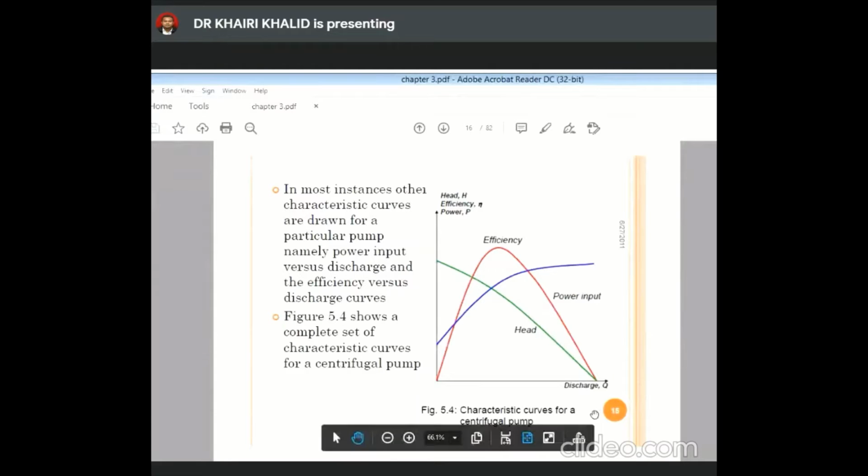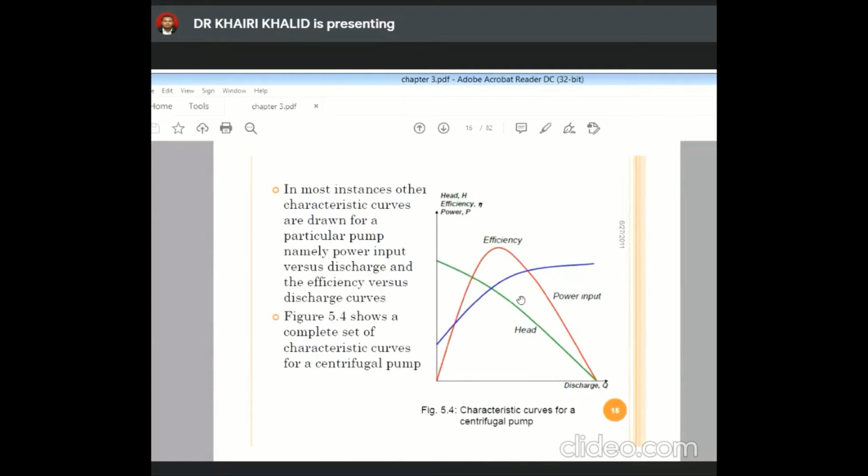In terms of head, the value of the head will decrease with the increase of Q. And then the last one is power.